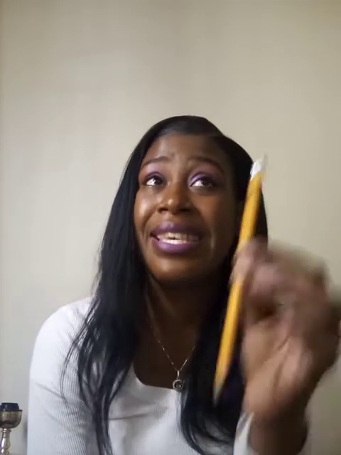It becomes lápices. The Z is no longer there. We changed the Z to CES to say more than one pencil. So one pencil, un lápiz, more than one pencil, lápices.